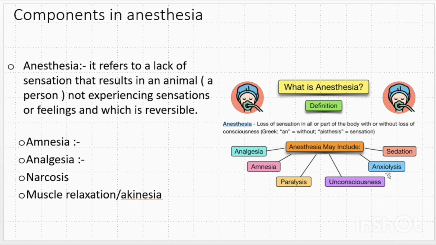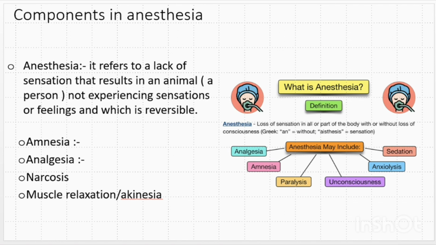To reduce that, we'll give some pre-medicative drugs, benzodiazepines like midazolam, diazepam. Based on the patient's condition, we will give those drugs. They will reduce the anxiety of the patient.